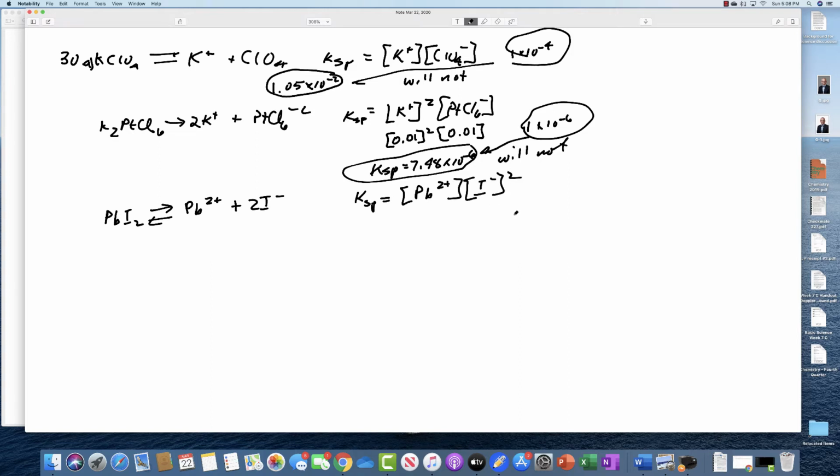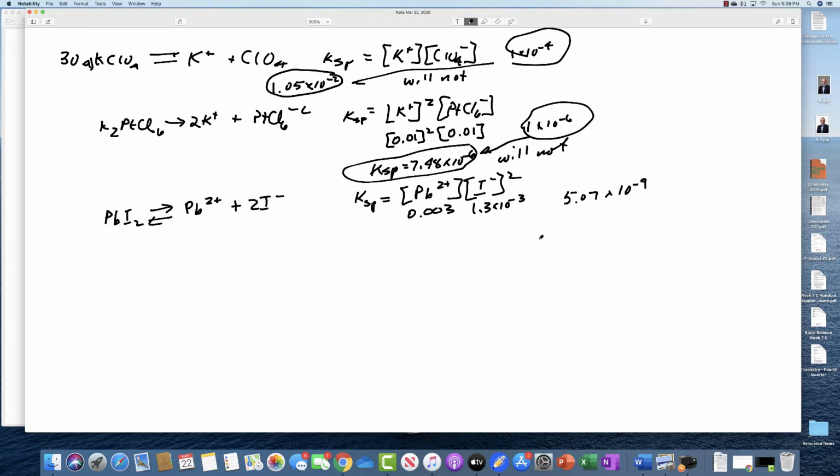And the concentrations they give you this time are 0.003 and 1.3 times 10 to the minus 3. We do the math here, and you get 5.07 times 10 to the minus 9.